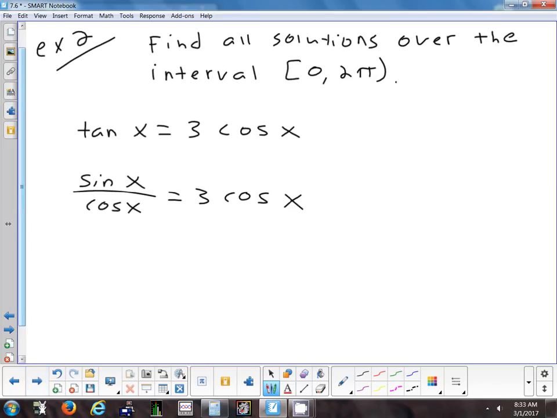Okay, that's a good first step. What would we do next? Yep, multiply both sides by cosine, and we're going to get this.